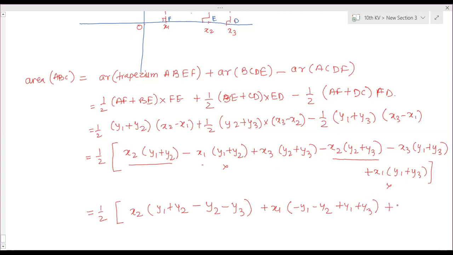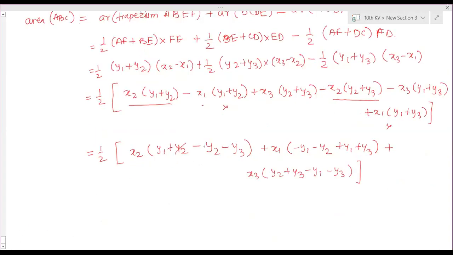Then plus x3 in bracket y2 plus y3, and here x3 minus, minus y1 minus y3. Now y2 cancelled, y1 minus y3, x2 into y1 minus y3, plus x1 into, y1 cancelled, y3 minus y2, plus x3 into bracket, y3 gets cancelled, y2 minus y1. Is it clear?